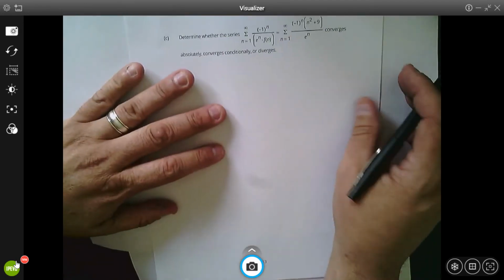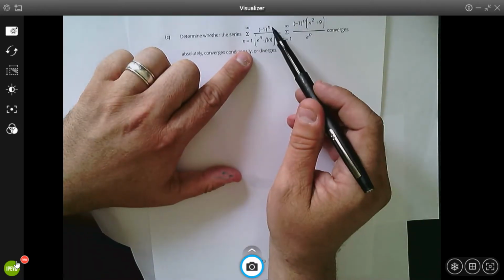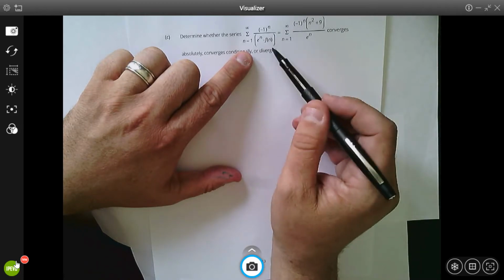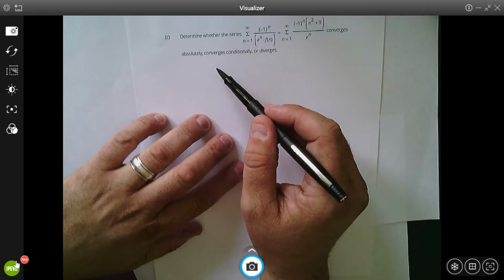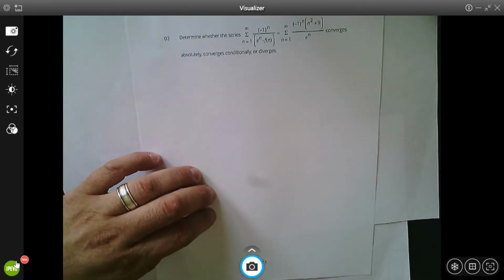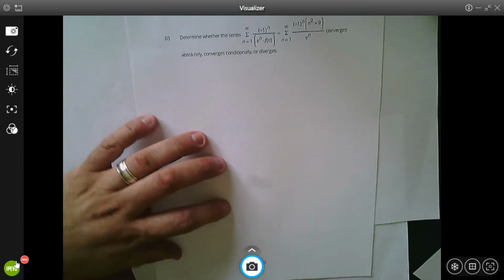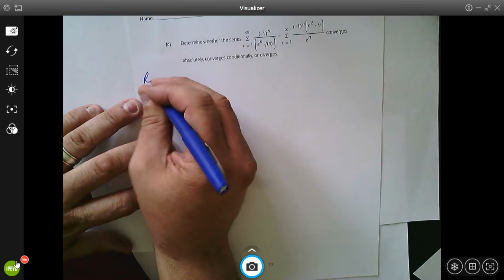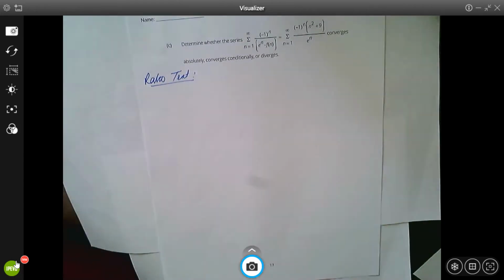Part C. We need to determine whether the series from 1 to infinity of negative 1 to the n over e to the n times f of n converges absolutely, converges conditionally, or diverges. Now, for all those different convergences, we're going to use the ratio test. The ratio test is a great way to determine convergence or divergence, because at the end you just have to compare.